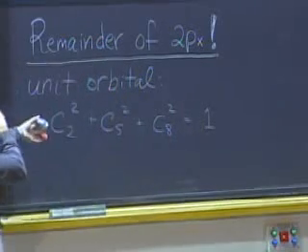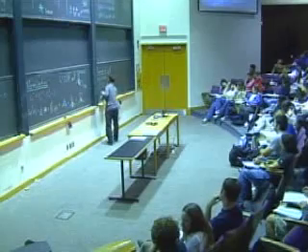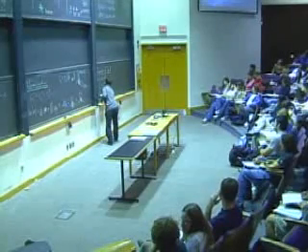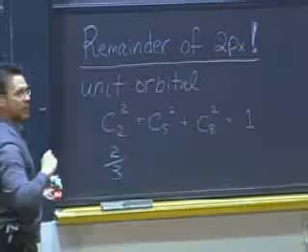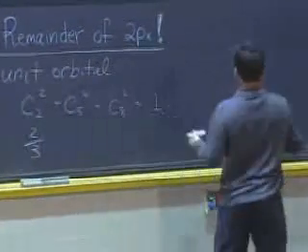Okay? And we know C2 squared is equal to 2/3. And now let's draw a picture to help us figure out something else about C5 and C8.